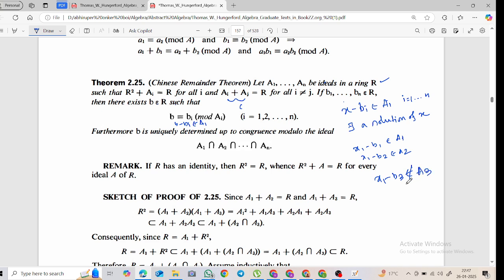So there is no guarantee that one such common x will exist such that x minus bi is in Ai for all i. But these two conditions actually force the existence of such an x.